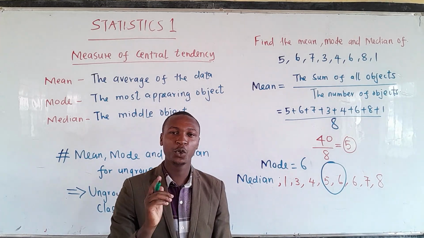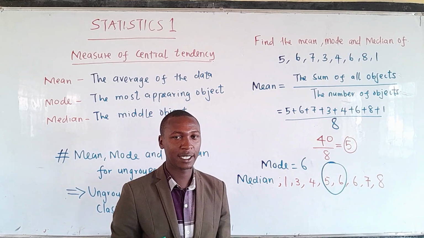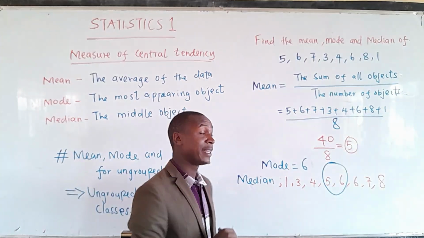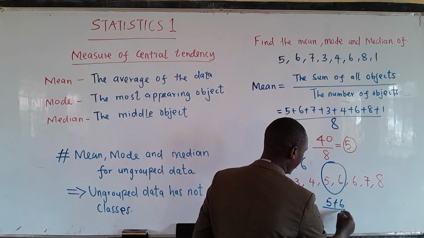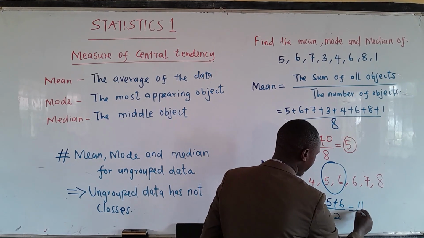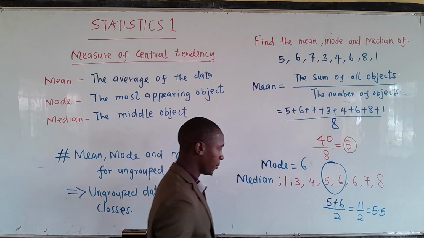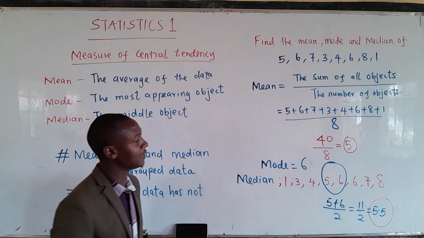For instance, if we got 1 element at the middle, then we could take it exactly as the median. But now, since there are 2, we're going to find their average. So the average is going to be 5 plus 6, divided by 2, that is 11 divided by 2, which is 5.5. So 5.5 is our median for such data.